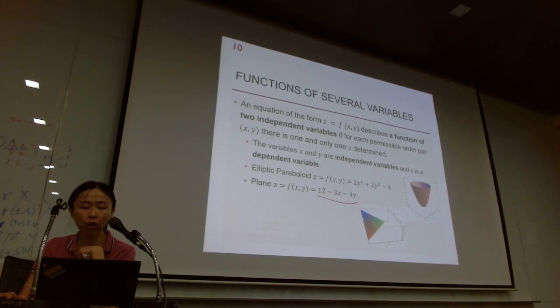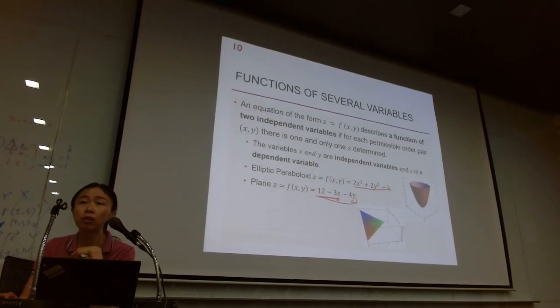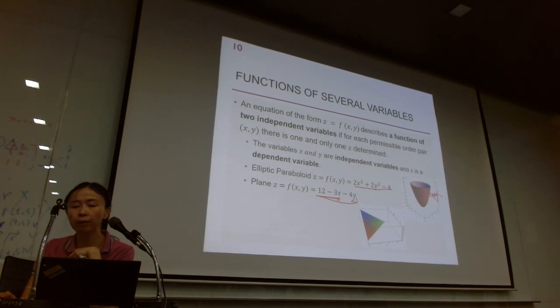You will have no square, no exponential, no log, and no dy or anything. But here, if you have powers, it's not linear, so this one will be an elliptic paraboloid, okay? So in this case, this one we call a surface. We will not call it a plane.